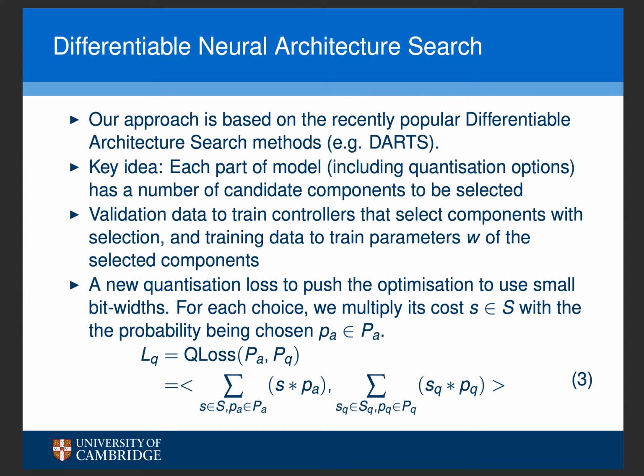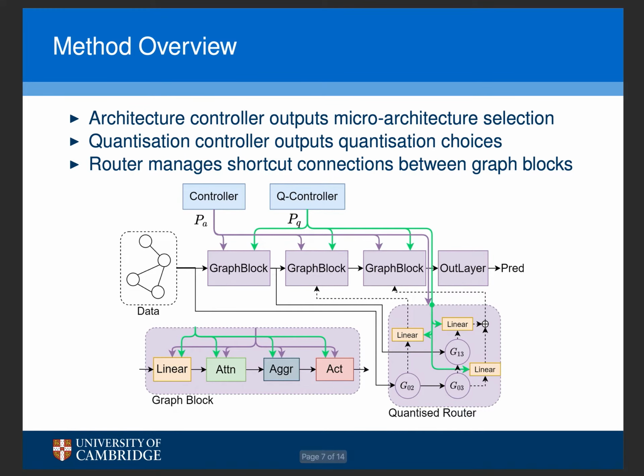What I'm showing here is really the quantization loss, and the details of how to design this loss are also in our paper. To give you a graphical illustration of what's happening, the blue blocks are the controllers. We have an architecture controller that is outputting PA, the probability of each architecture.